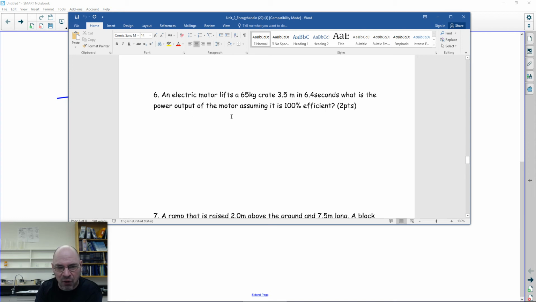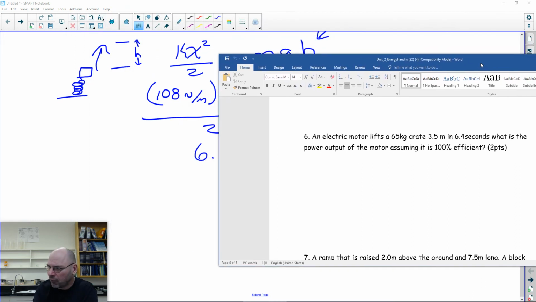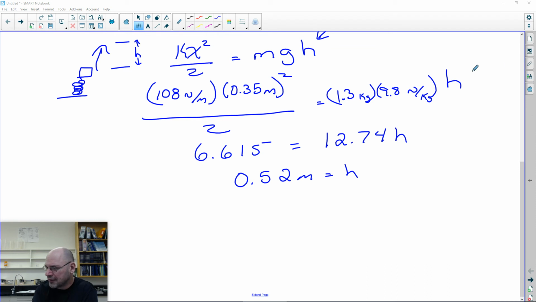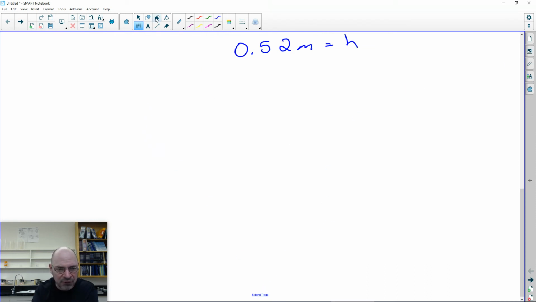What is the power output of the motor, assuming that it is 100% efficient? So power is just energy over time. So we're going to calculate the energy that it's working against, which is gravity in this case, because it's lifting it off the ground. And then we're going to divide it by the time. So we're going to do a similar one, though, not that exact one.